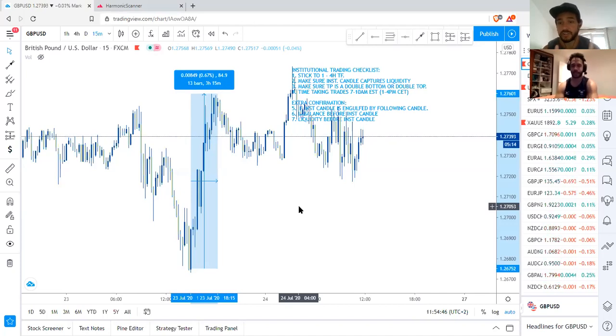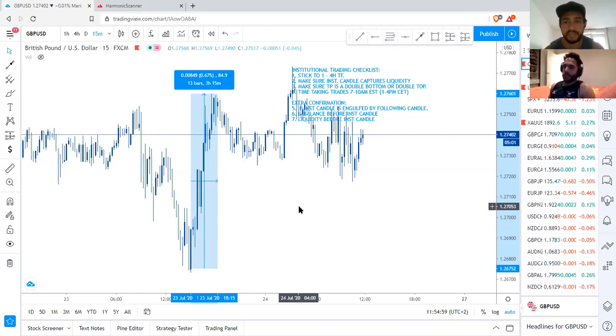So 1.00 is $100, 0.1 is $10, 0.01 is $1. Well, actually, no. If you put 0.1, you'd make $850. If you put 1.0, you'd make $8,500. If you put 0.01, you would make $85.